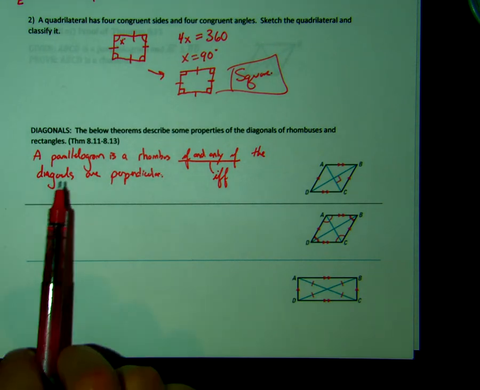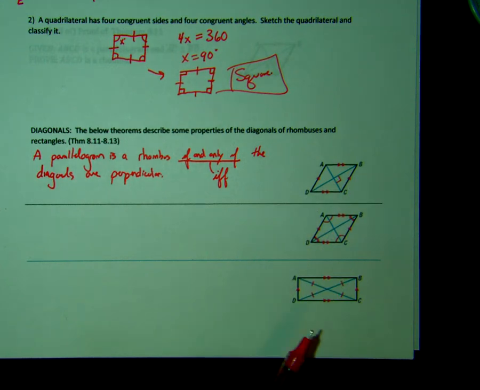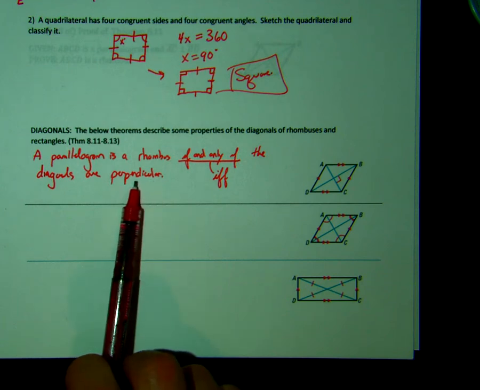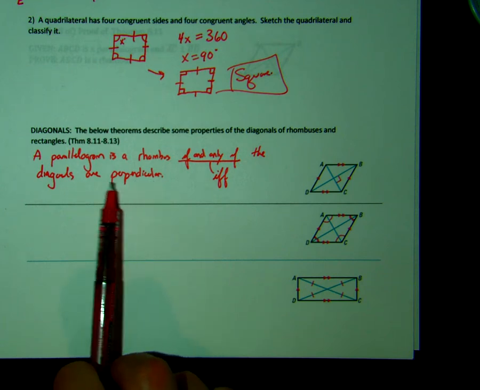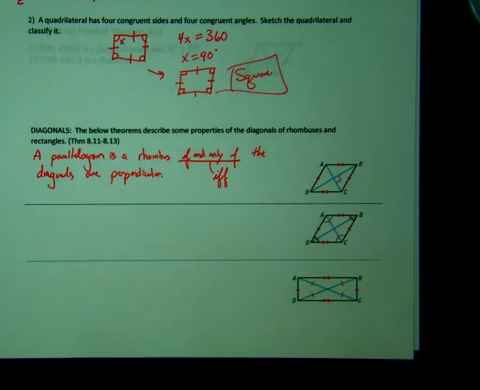So you can prove that the parallelogram is a rhombus if it has perpendicular diagonals, okay? And you can also prove that if you have a parallelogram with perpendicular diagonals, that it is a rhombus, okay? So this is both a property of a rhombus and a way to prove that a parallelogram is a rhombus, okay?